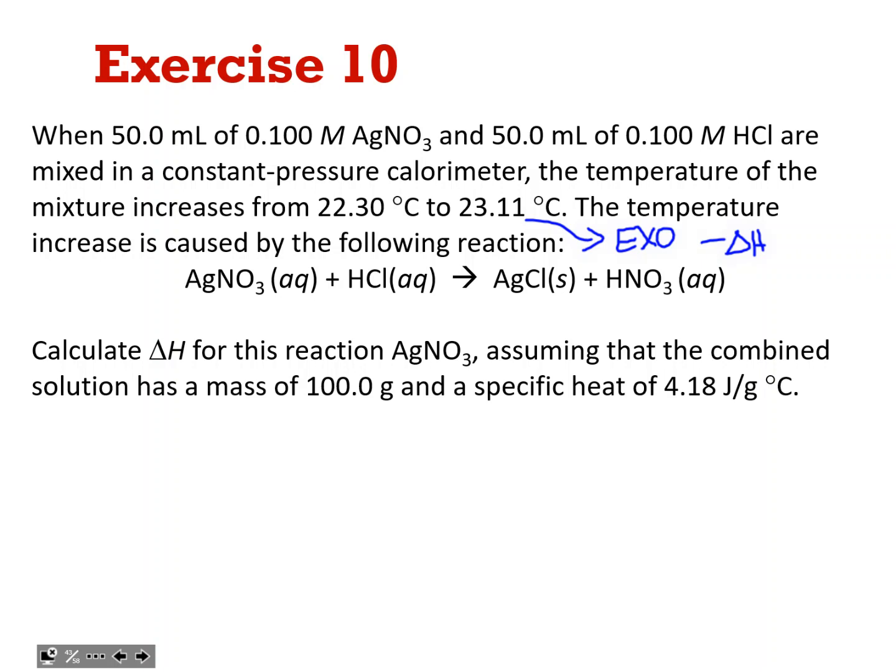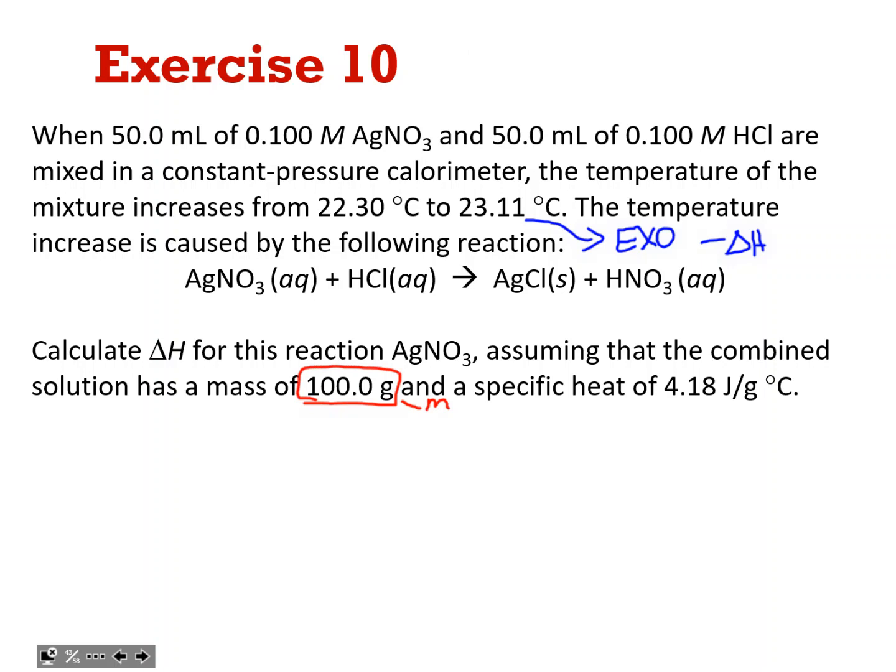Now, here, same idea, except find delta H for this reaction, assuming the combined solution has a mass of 100 grams. Well, that's nice. They told us the grams. So this is our mass up front. The specific heat is listed here.